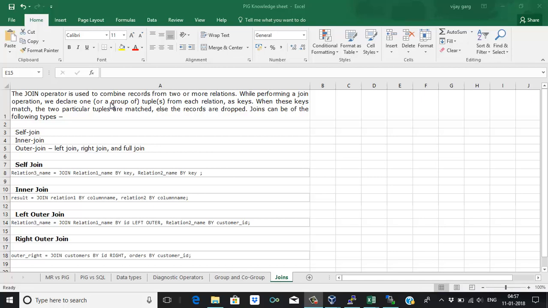Okay. For example, now we are working on customer and transaction data. If we want to check what customer did which transaction, we need to join both the relations, both the input data, together.